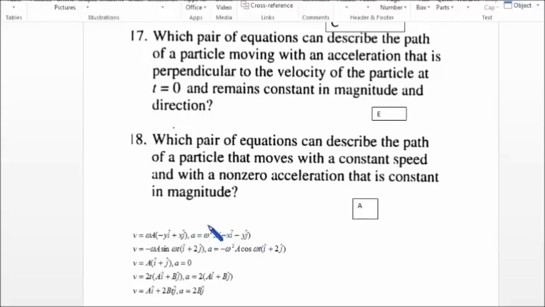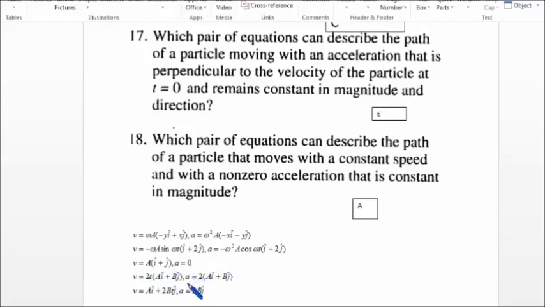So now we have three pairs which satisfy the condition that the acceleration is constant in magnitude, that is the first one, the third one, the fourth one, and the fifth one. But here we see the acceleration and velocity are always parallel, so the constraint that acceleration is perpendicular to velocity is not satisfied by this.